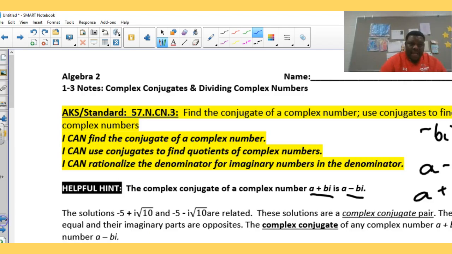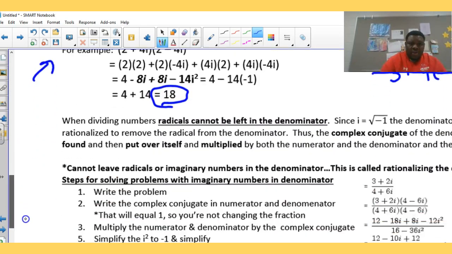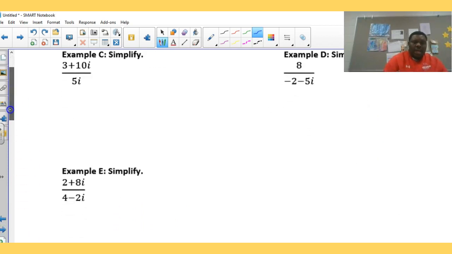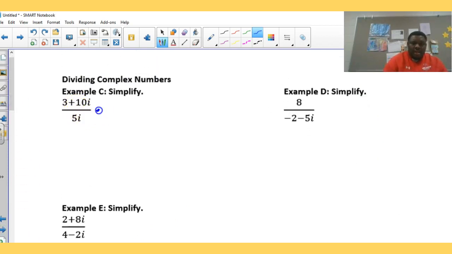Let's look back at it, because I want to show you how you use it. We got the problem, it's already written. Write the complex conjugate in the numerator and the denominator. Well, this is 5i, so we change the sign in front of the imaginary part. Since this is positive 5i, the conjugate is negative 5i. So I'm going to write that at the top and the bottom.